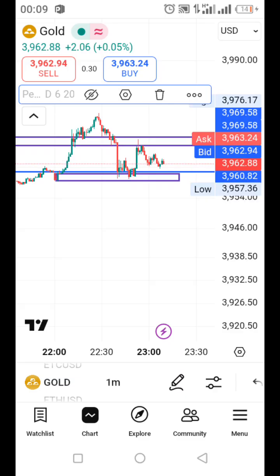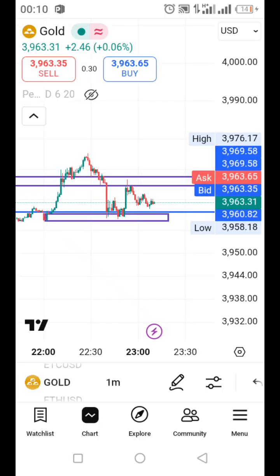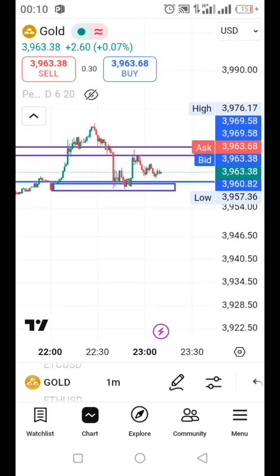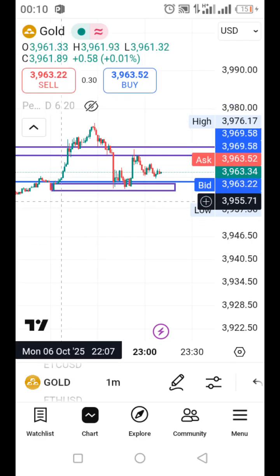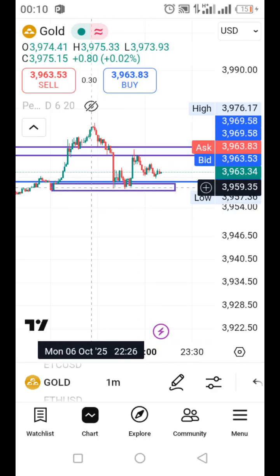You understand? Now you see this early morning block here, the one down, and this other block here, this particular block I just drew.